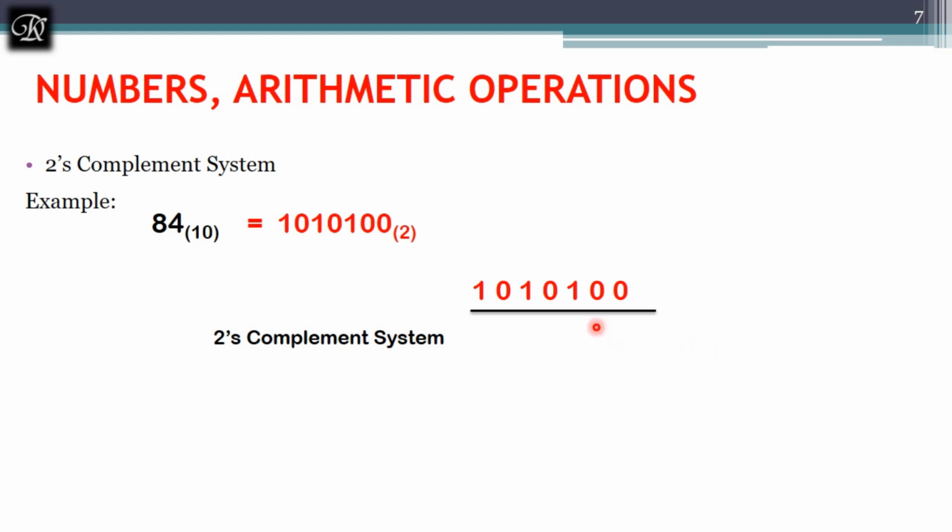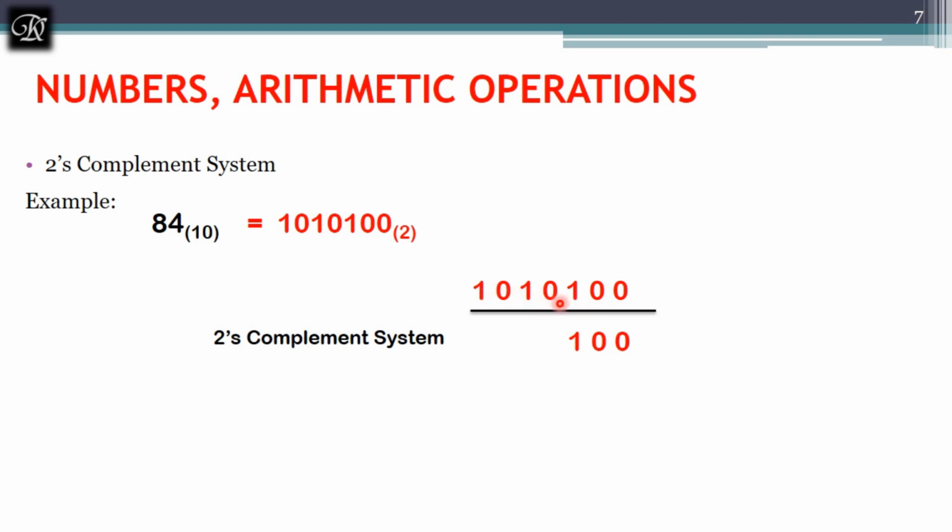First, what you have to do is keep all the digits as they are until you find a 1 from the LSB. This is the LSB, this is the MSB, right? You start from the LSB and keep all the bits as they are until you encounter a 1. Yes, I have kept 1 0 0 as it is, because bit number 2 is the place where I got 1, and the remaining bits are 0 1 0 1.